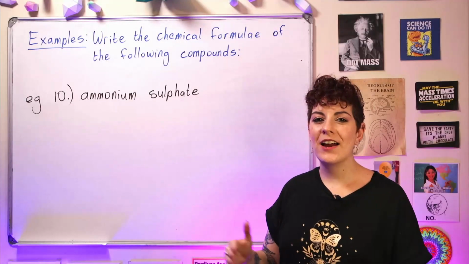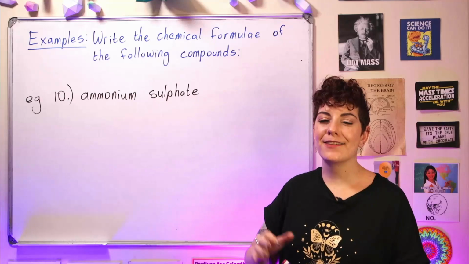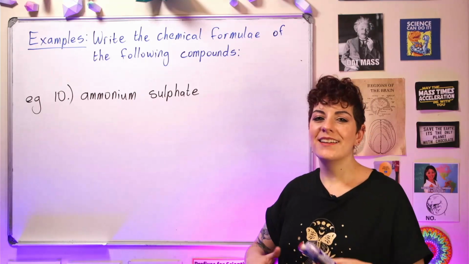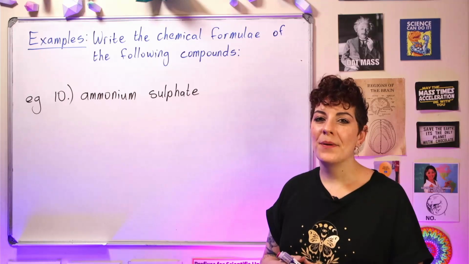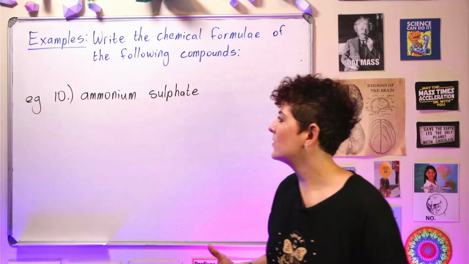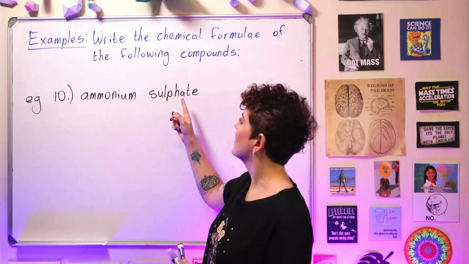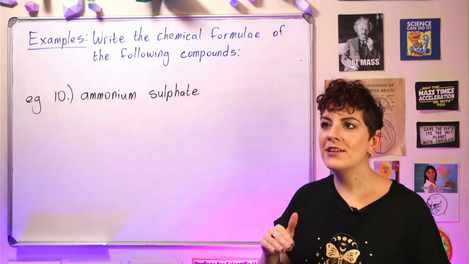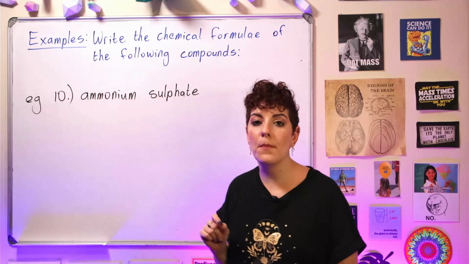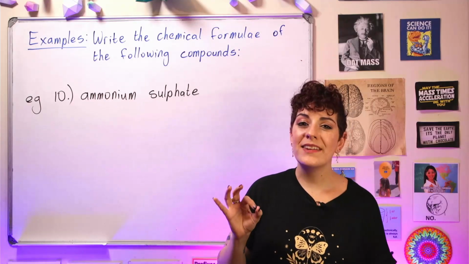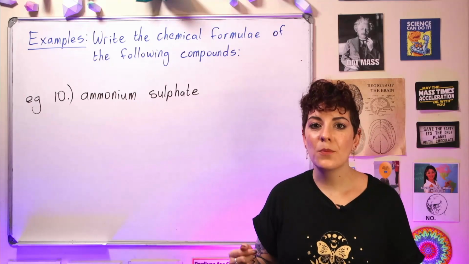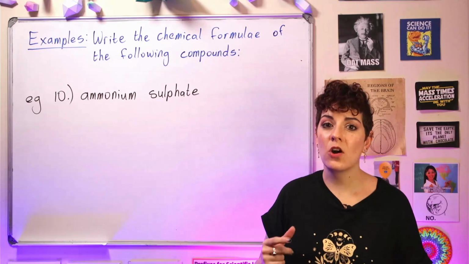Right, so we are now moving on to our final 10th example of writing chemical formulae. Now, this one is a little bit trickier, but let me show you how to figure it out. The name of this compound is ammonium sulfate. Now, please be careful. This is ammonium, not ammonia. Ammonia, NH3, is not an ion, but rather a neutral compound.